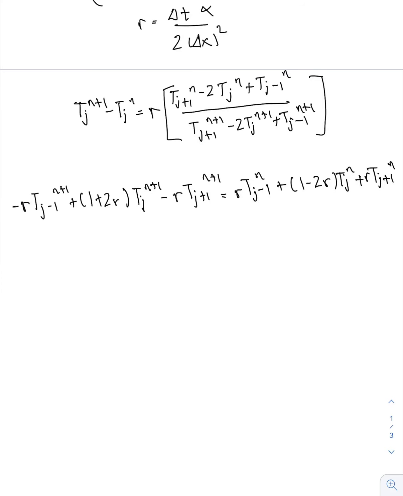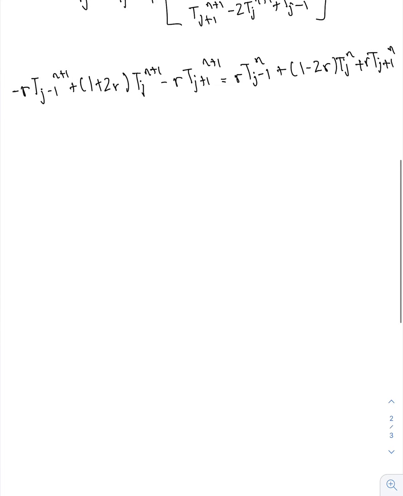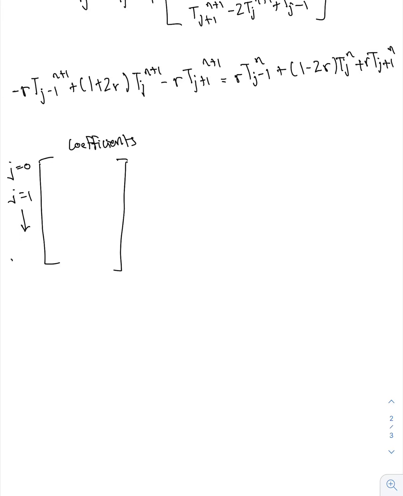So we can break this down into matrices. First we'll have the coefficients, which go from j equals 0 to j equals 1, all the way down to j equals 49. At j equals 0, the first line we'll have is negative r, then 1 plus 2r, negative r, then 0.